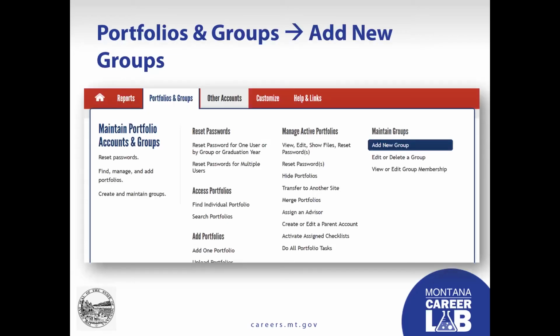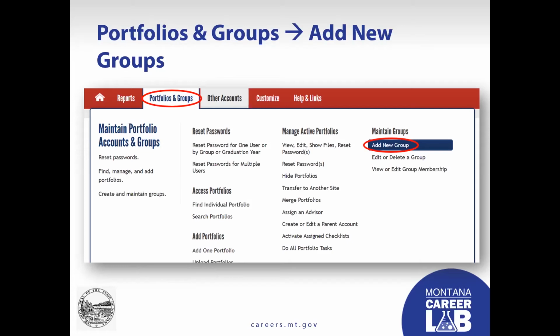So to add a new group, we are going to the Portfolios and Groups tab, and then we're going to go over and click on Add a New Group. Now, just a quick tip on this one. If you're new to a school, you might not know if that last person that was the admin created a group.